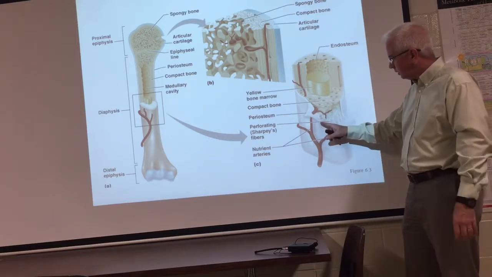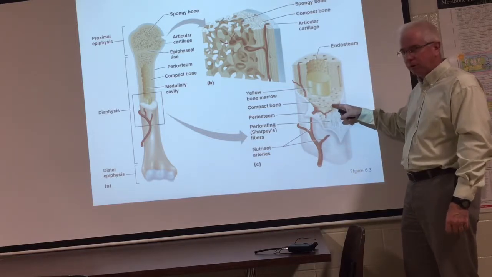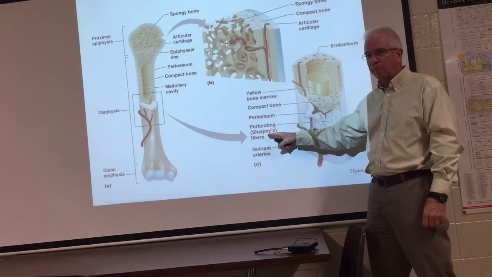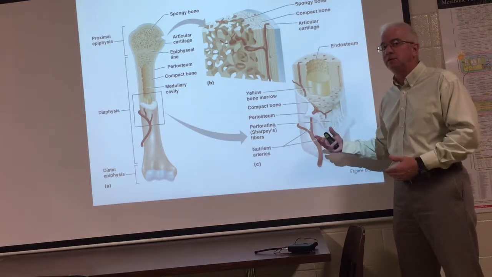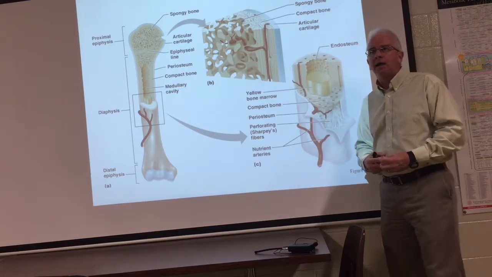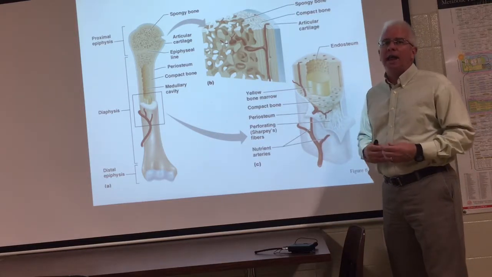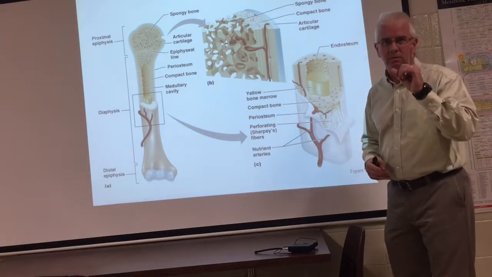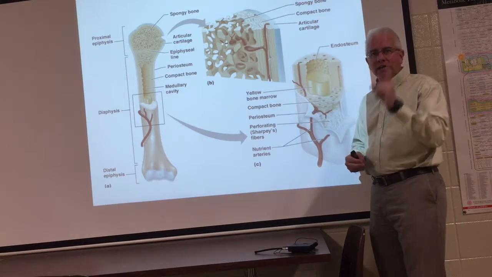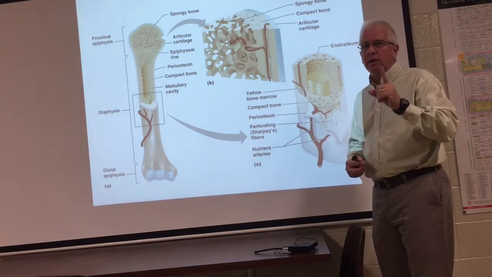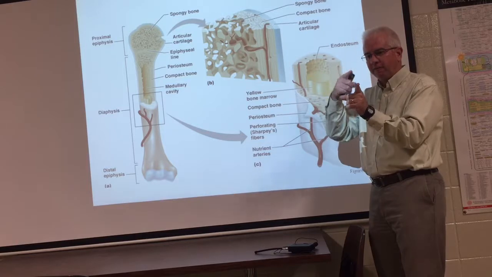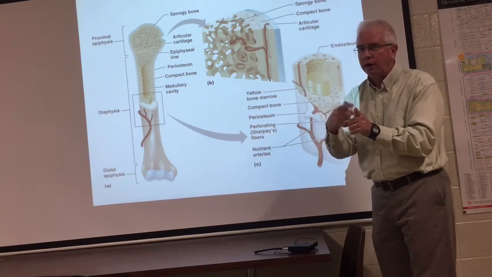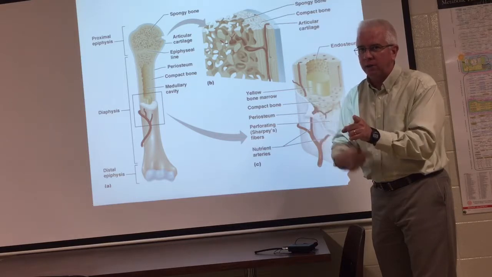This periosteum here is linked to the bony matrix by way of perforating or Sharpey's fibers that hold the periosteum to the bone. It's like an uncountable number of staples in which each staple is a linkage from the membrane into the bone, and each one is gram for gram stronger than a piece of steel.